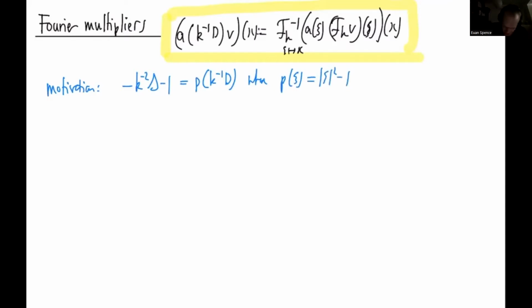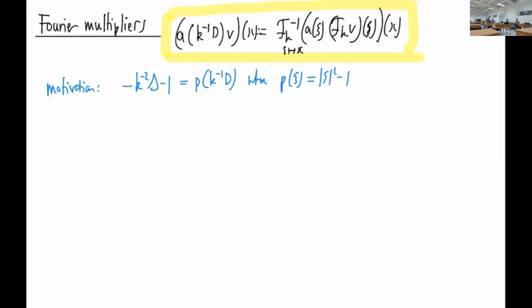And this notation, calling it k^{-1}D, is precisely because under Fourier transform, this k^{-1}D goes to the Fourier variable psi. Okay, Stephen, are you with me? Yes, this is easy. Good.